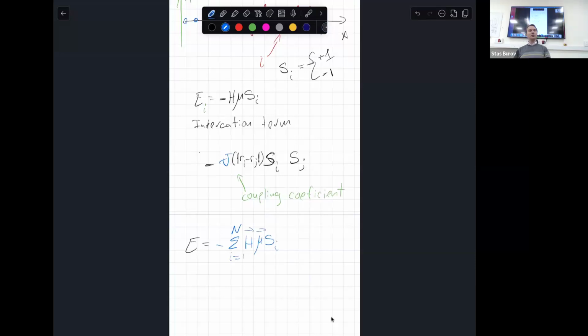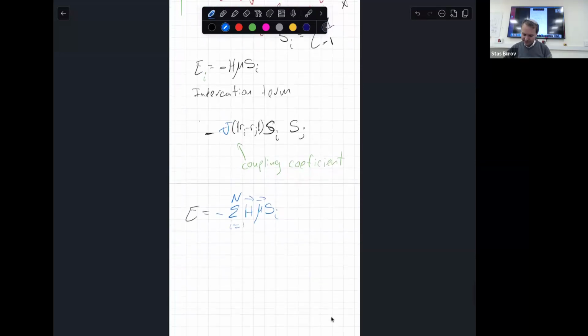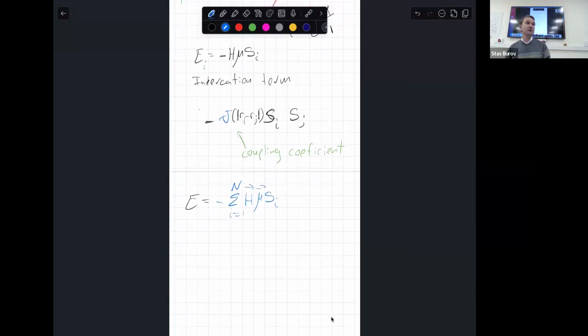We can do it like this if you want. This is the interactions with the external field. And there is a self-interaction, which is minus. And I have to sum over all the possible interactions, so all the possible i's and all the possible j's.